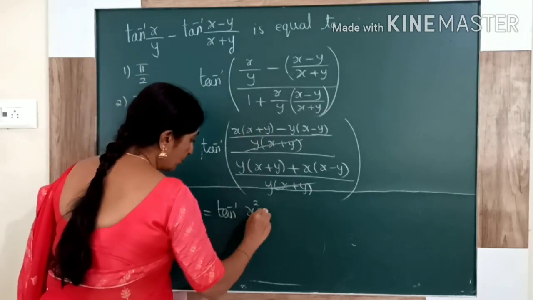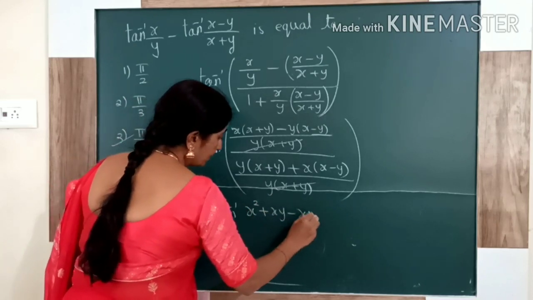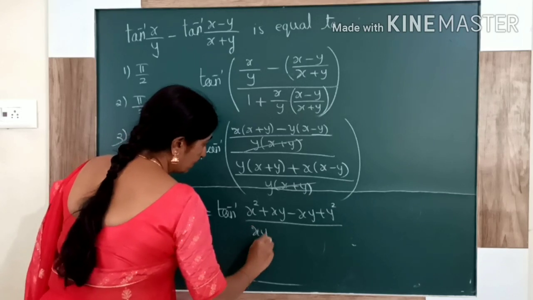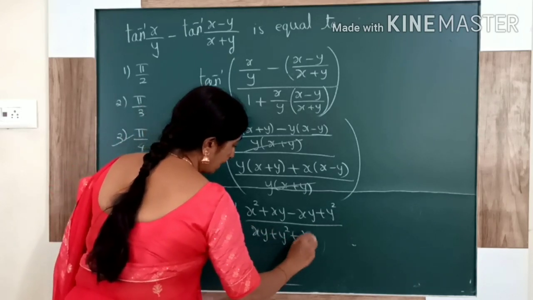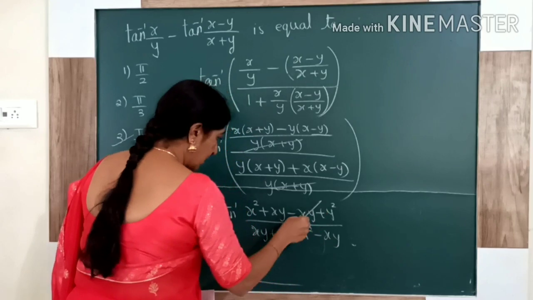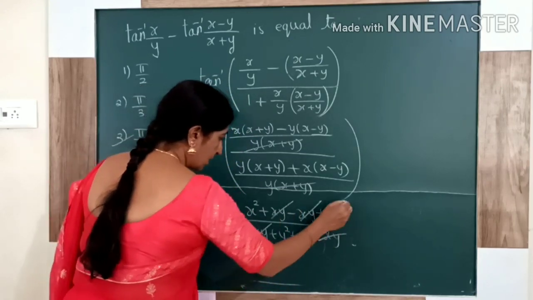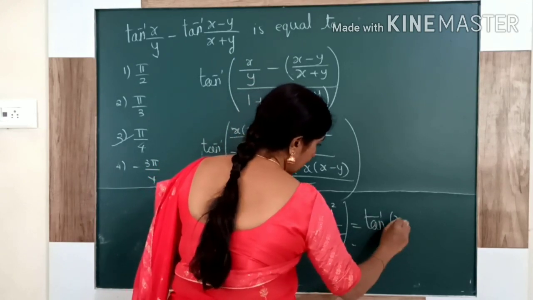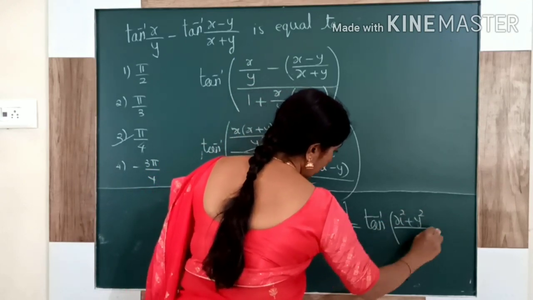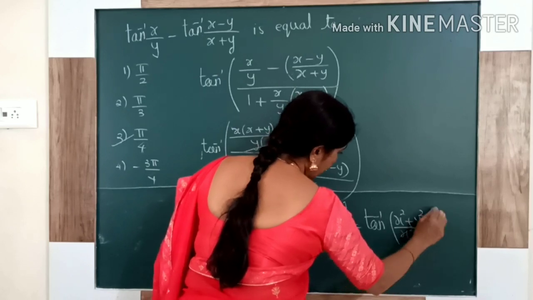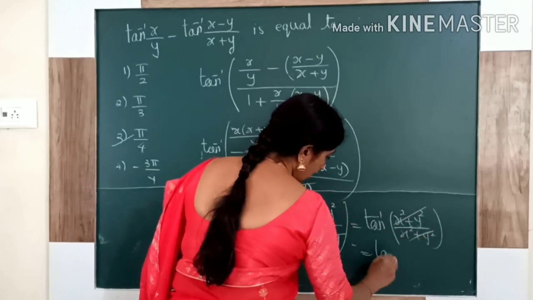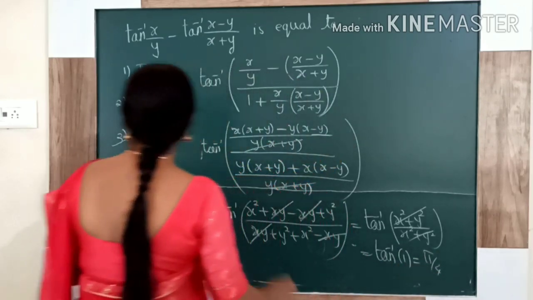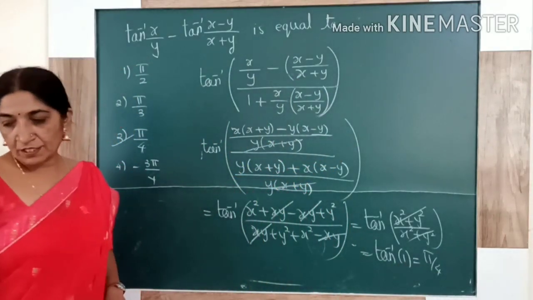At that time remove the bracket. See, minus xy plus xy plus xy minus xy get cancelled. See what is remaining: tan inverse of (x square plus y square) upon (x square plus y square). That is nothing but tan inverse 1. And what is tan inverse 1? Tan inverse 1 is pi by 4. So without calculation also I told you this is the standard result.